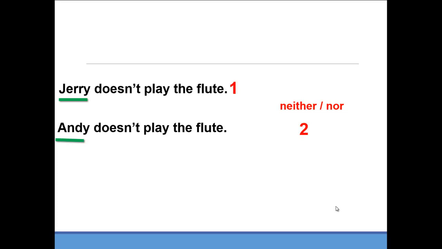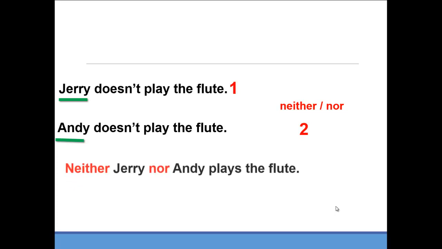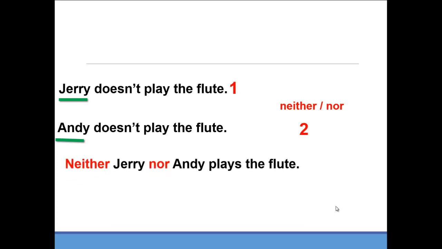The conjunction neither will be used before the first part that needs to be joined, before Jerry, and the conjunction nor will be used before the second part that will be joined or connected. So the sentence is going to be, neither Jerry nor Andy plays the flute, which means the two of them don't play the flute. Two ideas that are not possible or are not true.